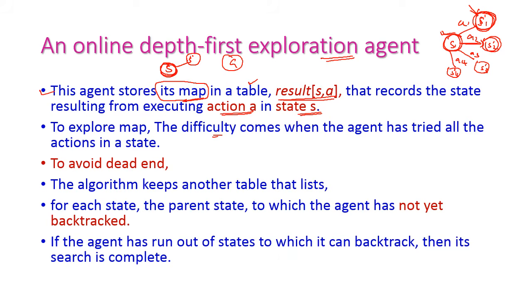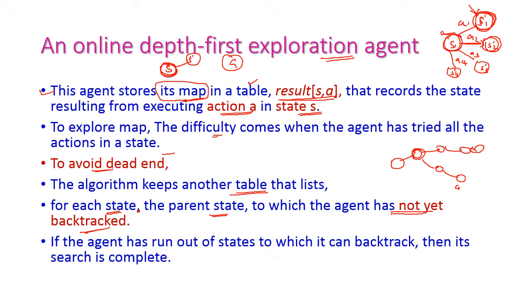And second, it maintains another table to avoid dead ends. That is, for each state, the parent state to which the agent has not yet backtracked. For example, this is the goal and this is a dead end.